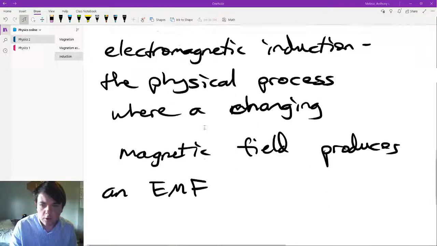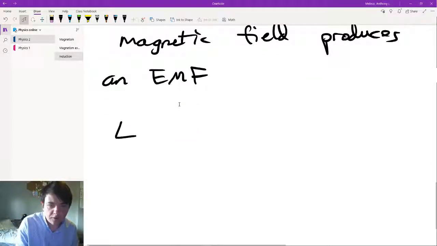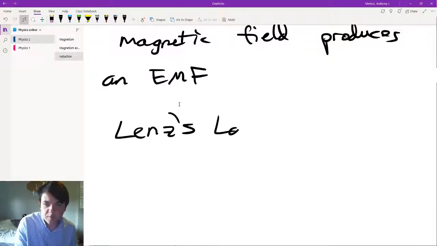We've talked about how this was Faraday's law, but Lenz's law gives you the direction.